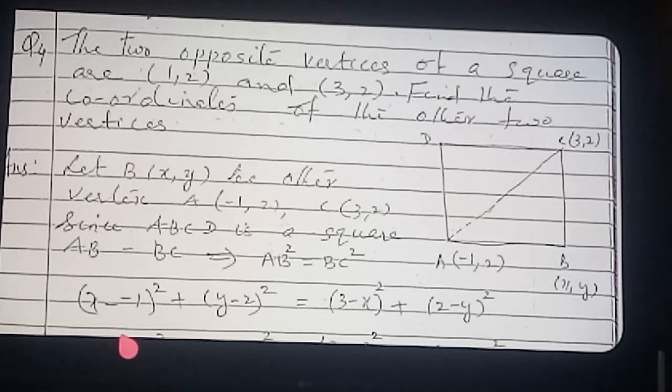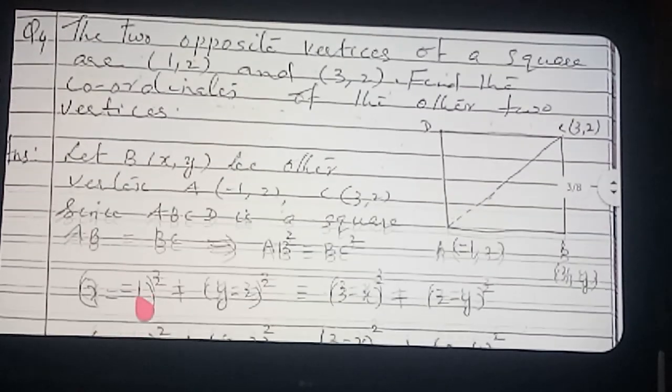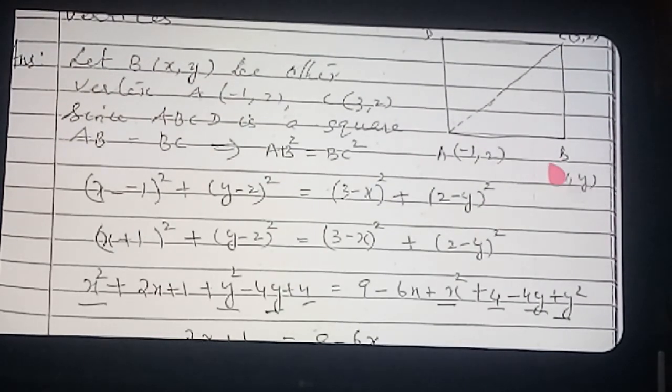So apply the distance formula here. All of you know it now, so I don't want to repeat. (x minus 1) the whole square plus (y minus 2) the whole square, equals (x minus 3) the whole square plus (y minus 2) the whole square, or (2 minus y) the whole square. Both are the same, because it is squared, whether writing y minus 2 or 2 minus y. Expand them.